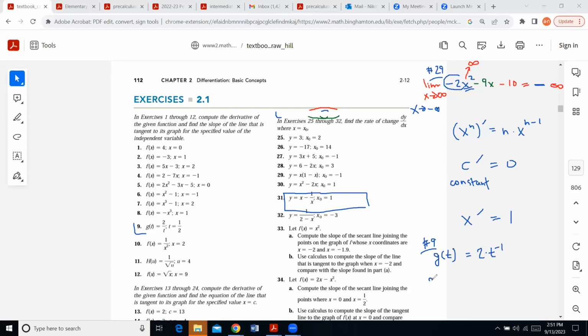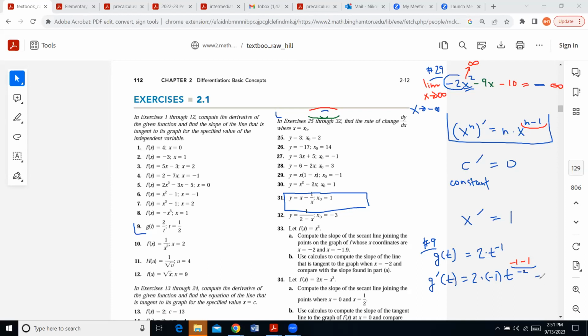So when I take its derivative, g prime, that factor of 2 will stay. And according to the formula, the power -1 is going to be multiplied by t raised to the power of -1 minus another 1, right? Because we subtract 1 from the power, and this will be -2 times t to the power of -2.